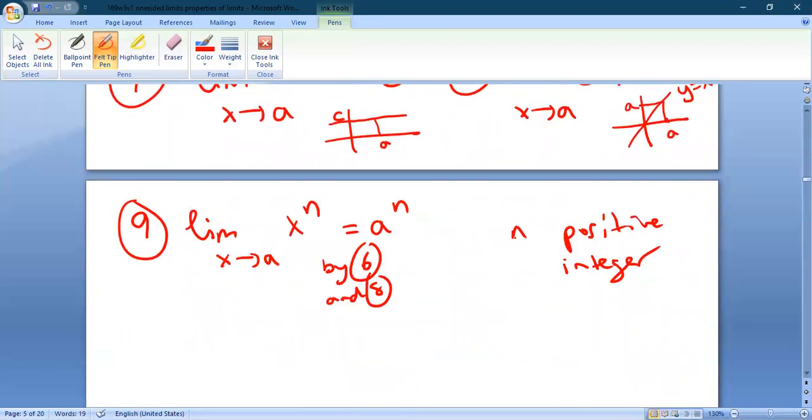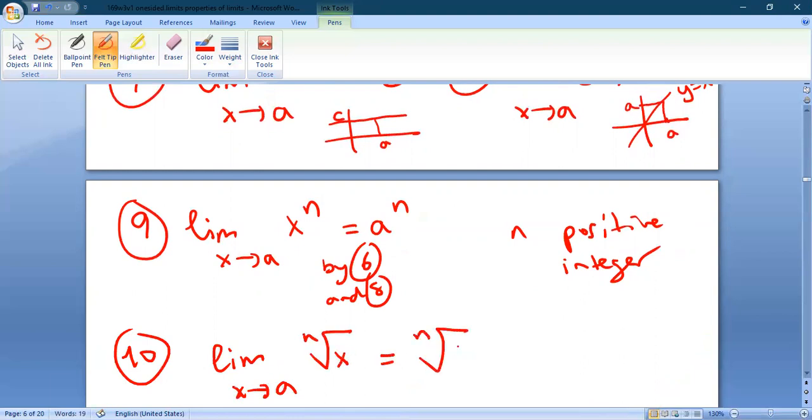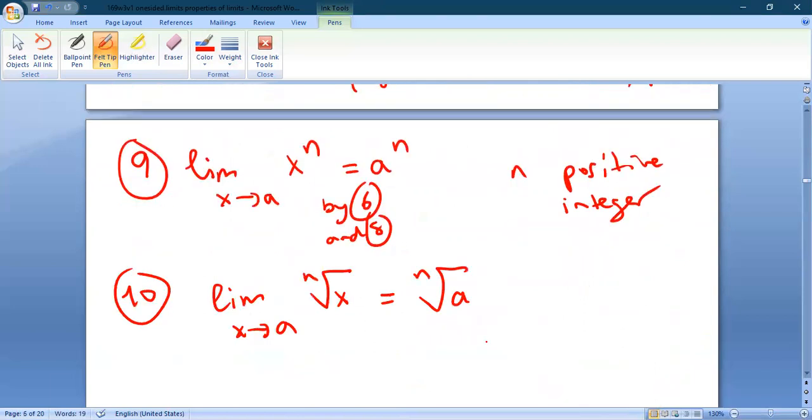Also, a similar rule is if we have the nth root of x, when x goes to a, this is going to go to the nth root of a. But we want n to be a positive even integer.